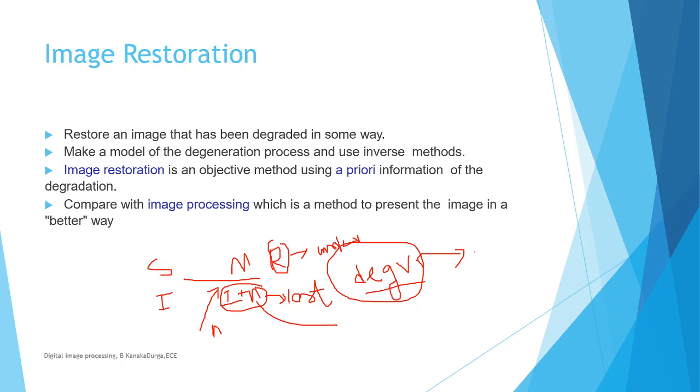Like the noise that has been added, we have to apply the inverse process in order to get back the characteristics of the image. That technique we call the restoration process. We are restoring the characteristics of the image.